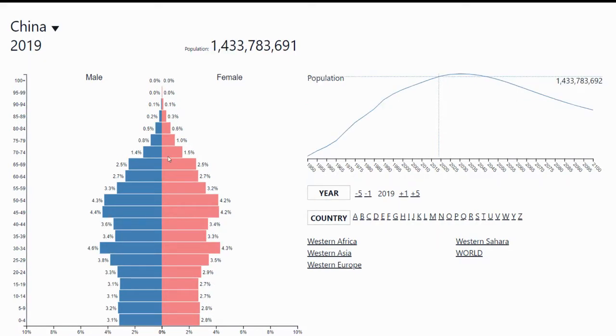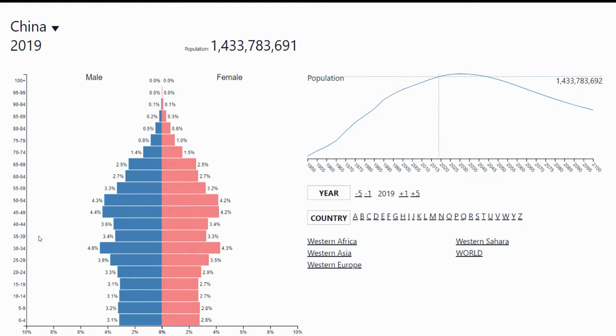So China. You can see, first of all, the population graph seems to be going down. It's still going up. The population is still projected to go up for a while, but then it's projected to go down again. And you can also see some strange little indents in the skyscrapers here, or the pyramids. 40 to 44, 35 to 39.